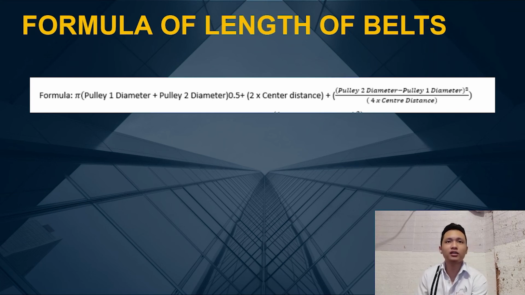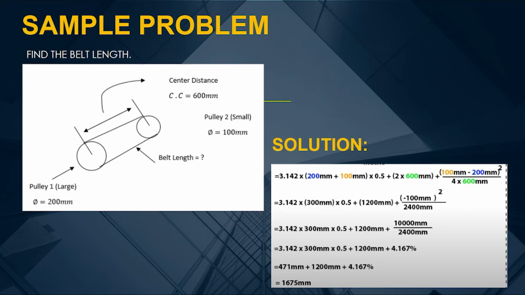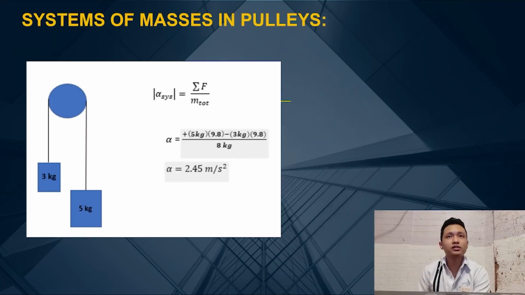So here are the sample problems. Find the belt length. The given values are the center distance and the diameters of the pulleys. So you just need to input the values in the formula that was introduced, and you will come up to this answer, 1675 millimeters.